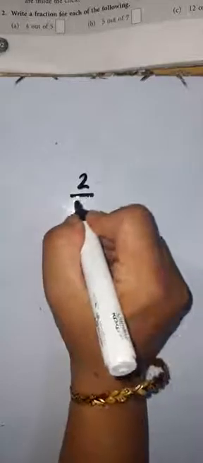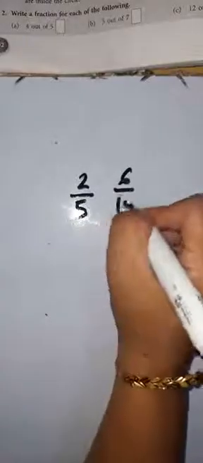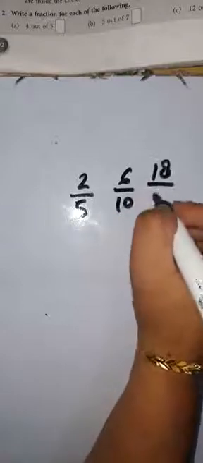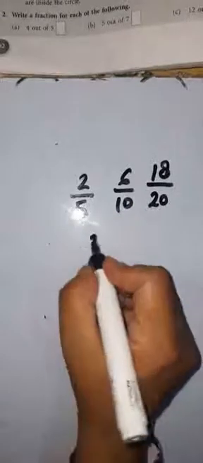All right, children. Now look at the question number 2. Write a fraction for each of the following. 4 out of 5. Okay. 4 out of 5, it means that most of the time whenever you have a test and teachers give you marks like 2 out of 5, 6 out of 10, 18 out of 20 and 20 out of 20.